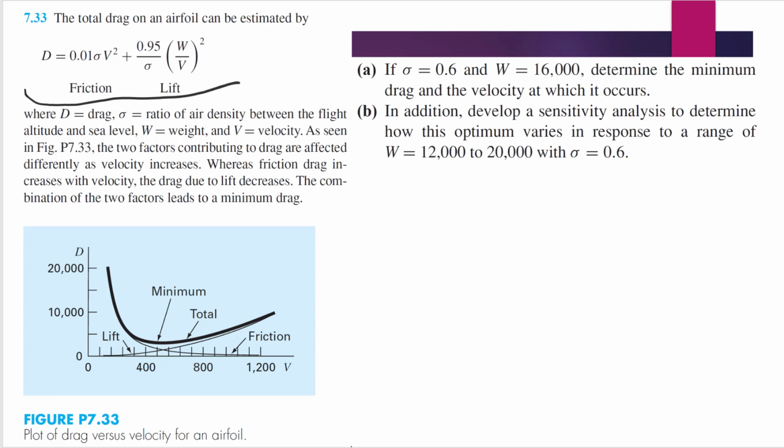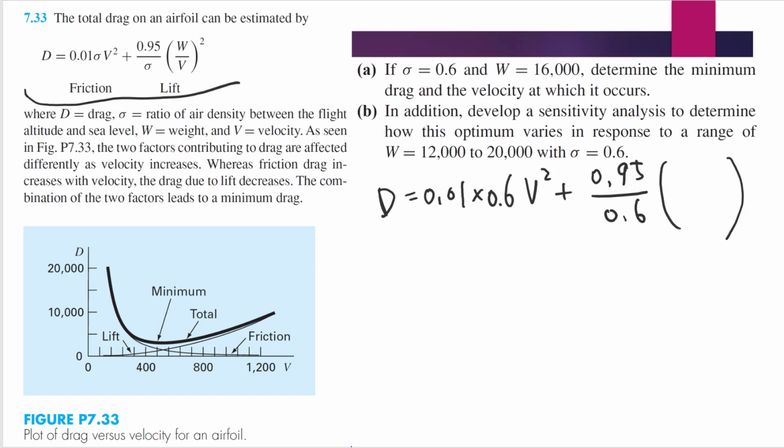So we have a function: D is equal to 0.01 times sigma, 0.6, times V squared, plus 0.95 over sigma, 0.6, times W, which is 16,000 over V, and then square.